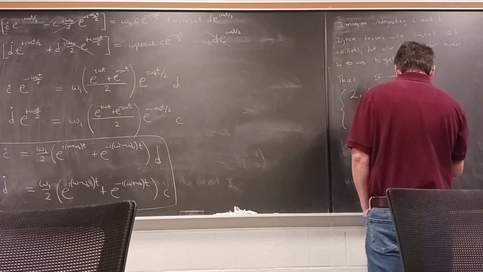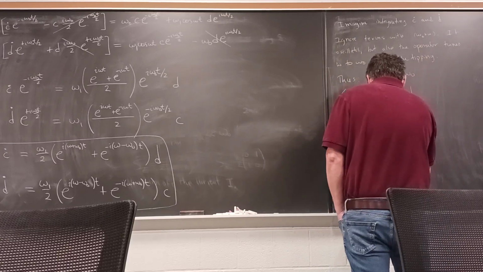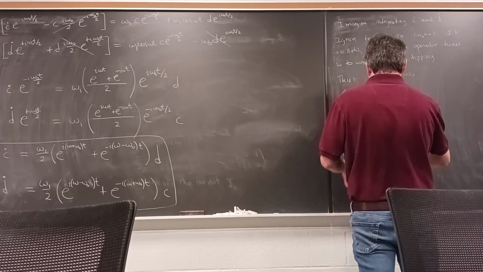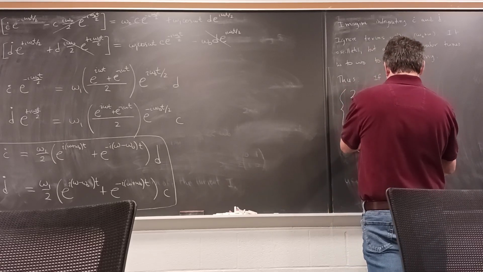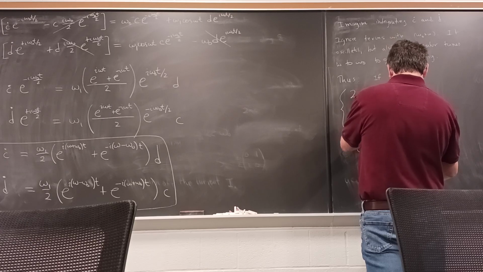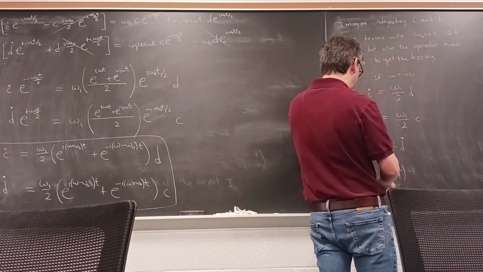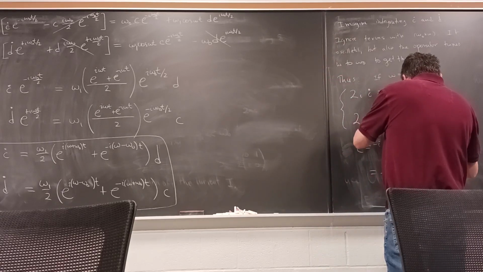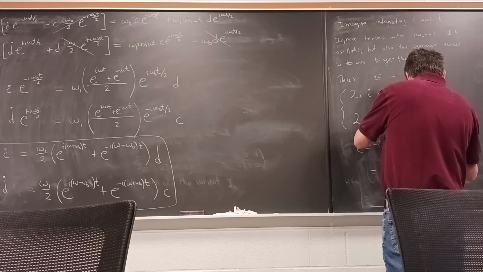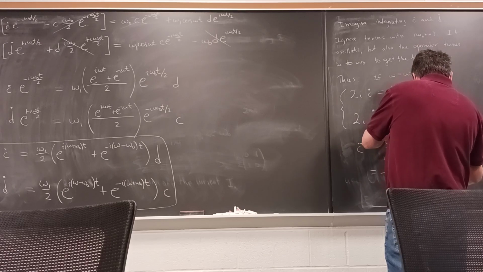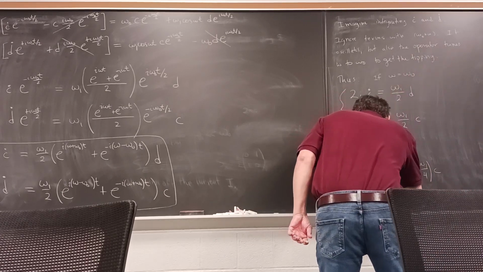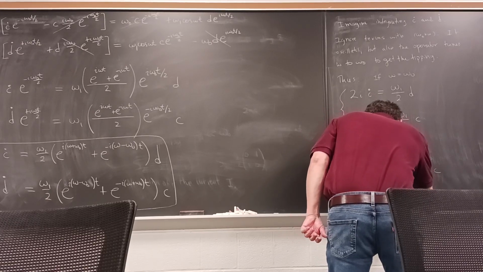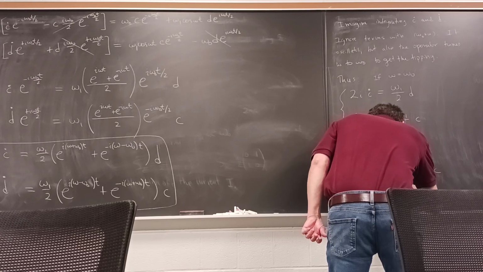But D dot is just minus i omega 1 over 4 C. I bring it over there, and then I'll have another omega 1 over 4 C. So C double dot is equal to omega 1 over 4 squared C.